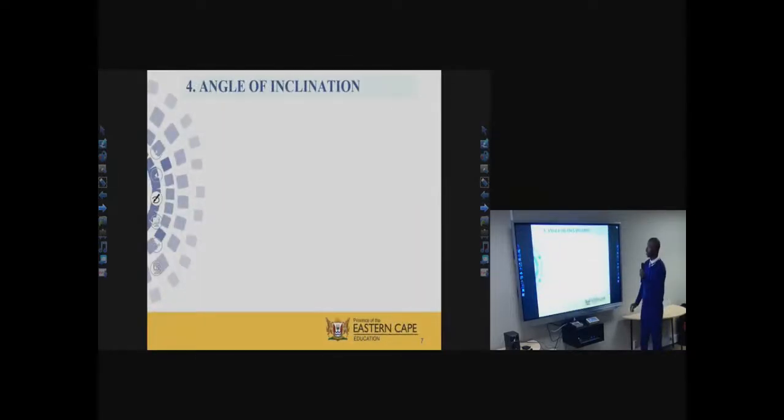Then from here you calculate the angle of inclination. Now there is a link coming, or integration, between analytical geometry and trigonometry. In trigonometry, you will recall that tan, if you are using a triangle, for argument's sake, and this is a right angle, let's say this is y, this is x, and that is r, and this is theta. You will recall that tan theta is the same as y over x. So which means tan theta is equal to y over x.